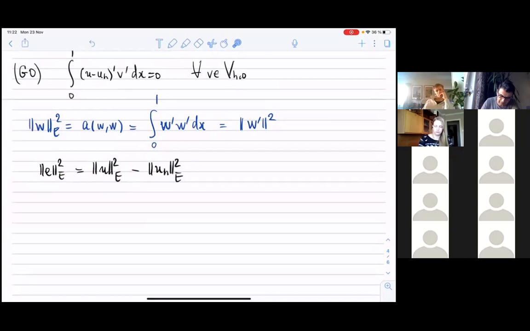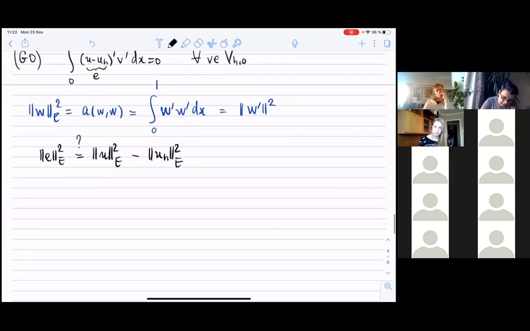So I want to check whether this identity is correct or not. We put in what e is, our error: on the left, we have the energy norm of u minus u_h squared, and on the right, the energy norm of u squared minus the energy norm of u_h squared.